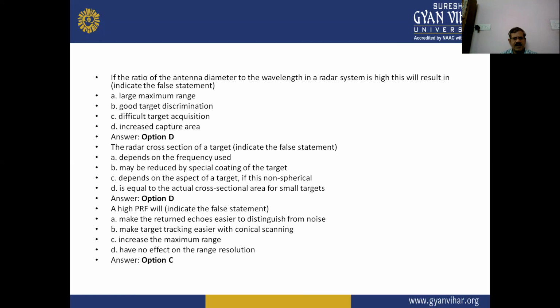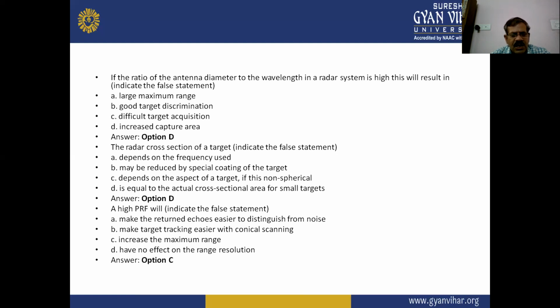B, make target tracking easier with conical scanning. Option C, increase the maximum range. Option D, have no effect on the range resolution. So here the false statement is option C, increase the maximum range. This is the false statement for the high pulse repetition frequency, PRF.